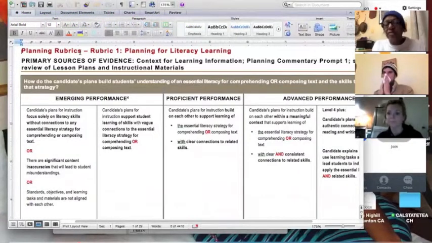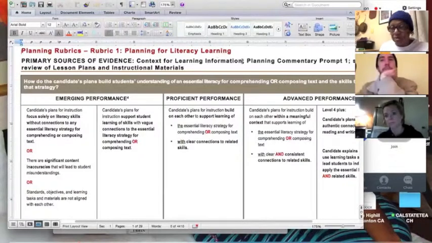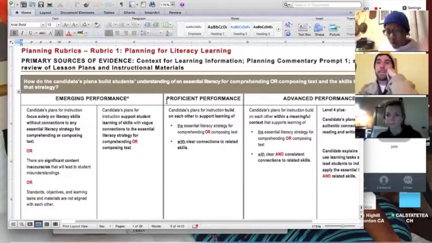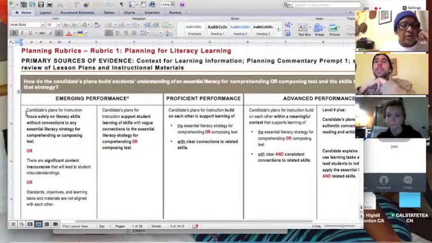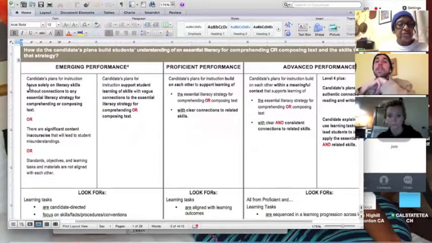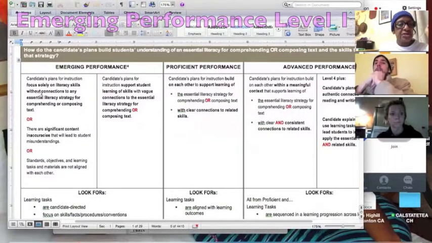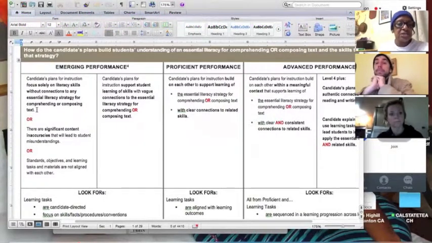For 4. Well, this has nothing even to do with the math. Let me go ahead and show you how it works. This is just planning for the literacy learning. That's this one task. So in this respect, what they're looking for is, it says focus solely on literacy skills without connection to any essential literacy strategy or comprehending or composing text.